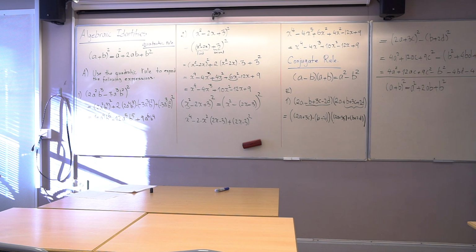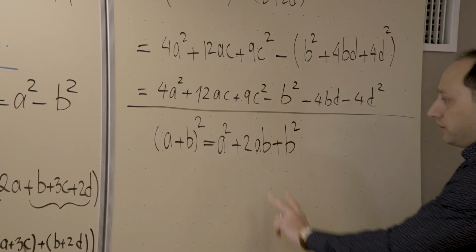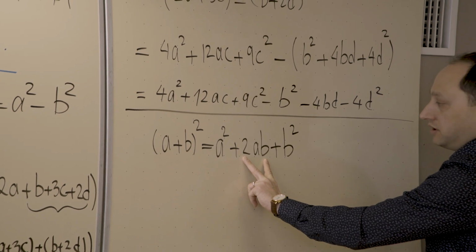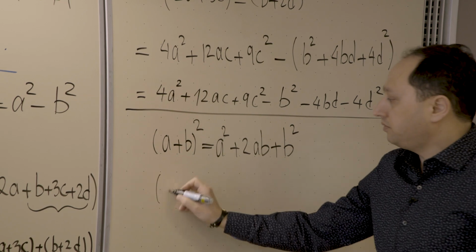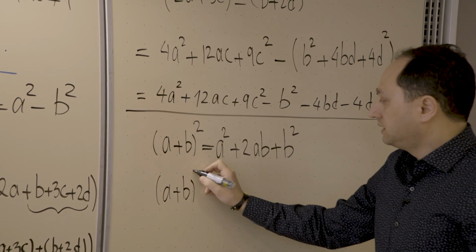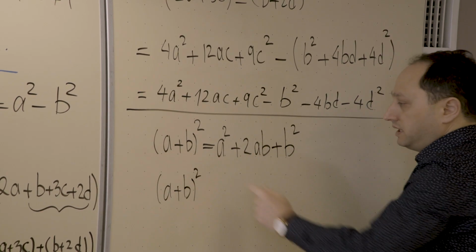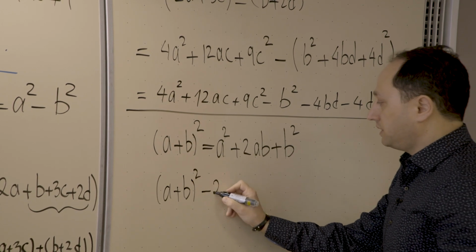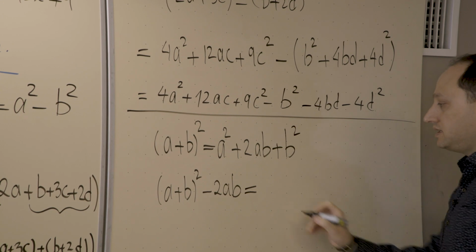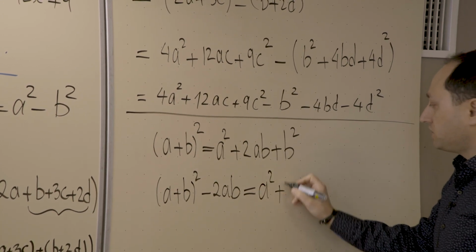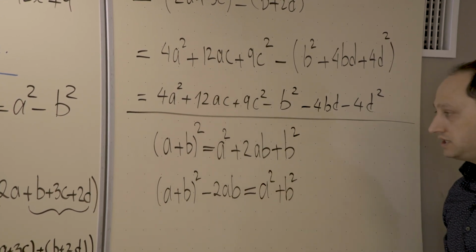Yes? What can I do? I want to move this term to the left-hand side. So then what happens? I have a plus b to the 2, and then I move this one to the left-hand side. You know that it should become negative 2ab. And then what is left on the right-hand side is a squared and b squared. Yes? So this is what is left.